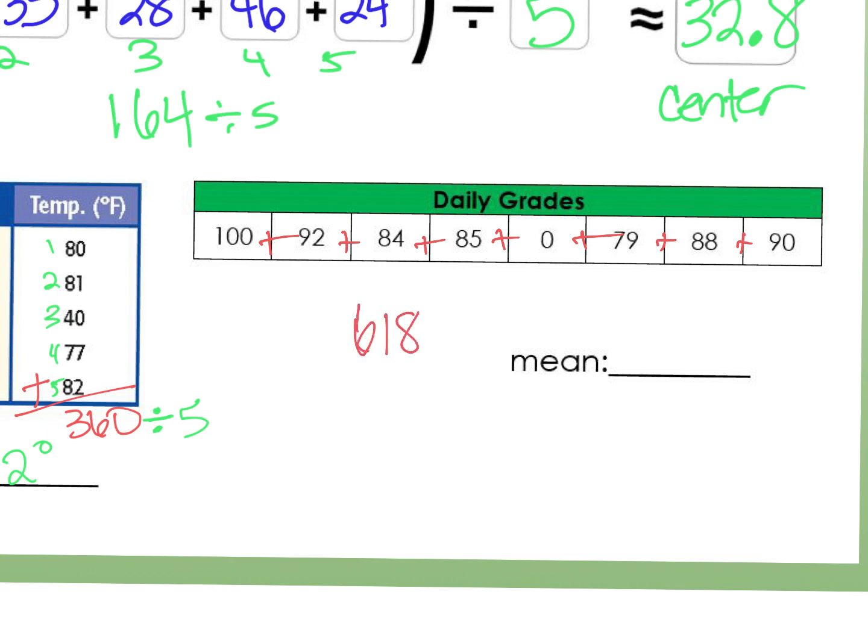Then we divide it by how many grades there were. I'm going to go back and count: 1, 2, 3, 4, 5, 6, 7, 8 grades. So 618 divided by 8 gives me a mean of 77.25.